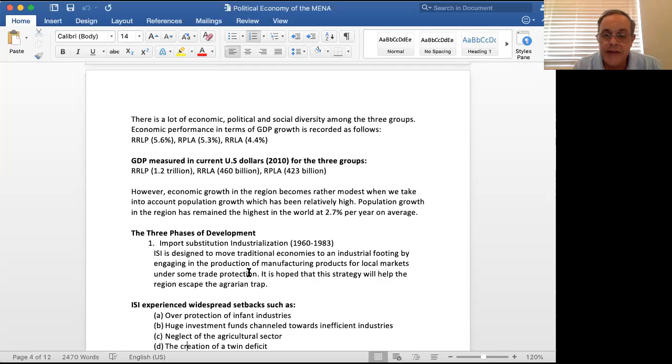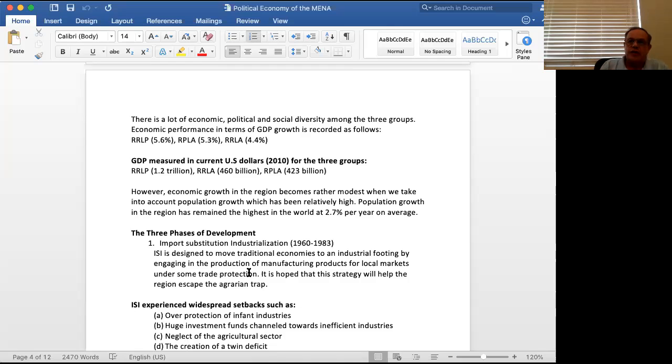And it is hoped anyway that this strategy will simply help the region escape what we call the agrarian trap, poverty trap. In other words, a lot of these countries felt that they have been simply focusing on farming and agricultural activities for so long, and this really has not done anything for them.